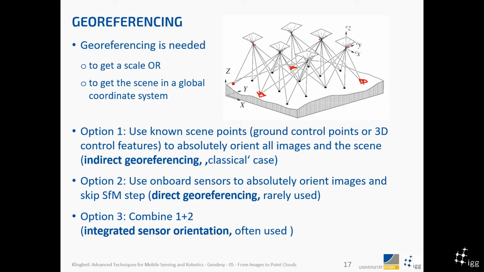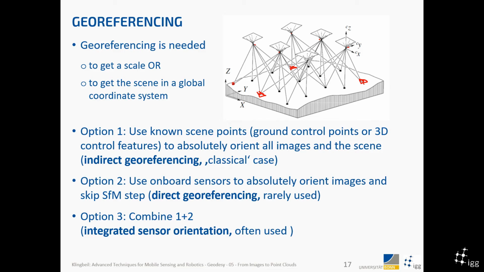This is called direct georeferencing, and this is rarely used. It's the only way to do georeferencing if you have a laser scanner on the drone, right? Because then you can't search for these image points. But for image-based georeferencing, usually it's not used.